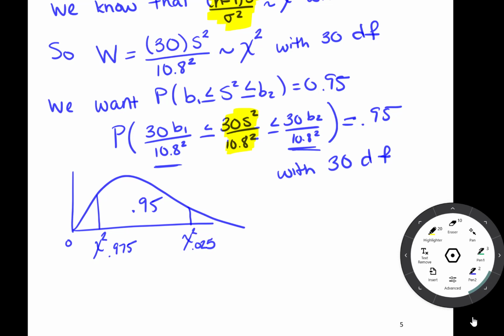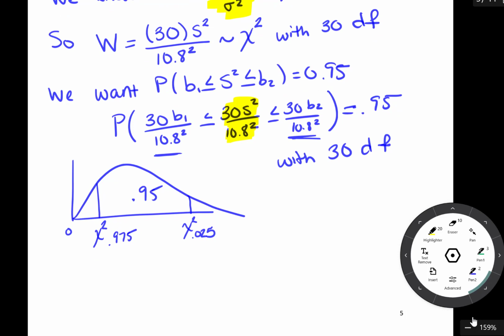So in order to find what these endpoints are on my chi-square distribution, again, I'm going to use R to help me do that. Alright, so using that qchisq function in R, we find the following. We find that the chi-squared endpoint with 0.975 to its right is equal to 46.98, and the endpoint with 0.025 to its right is equal to 16.8.